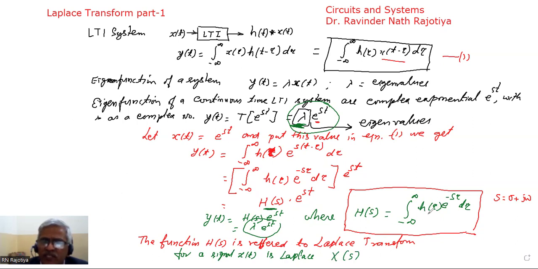For h(t) we said it is H(s); if the signal is x(t), then we refer to X(s). And this X(s) is the same equation with the signal as x(t): the integral from minus infinity to plus infinity of x(t) e^(minus st) dt. So this is the equation for the Laplace transform.